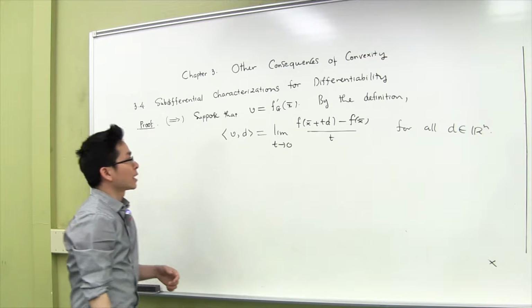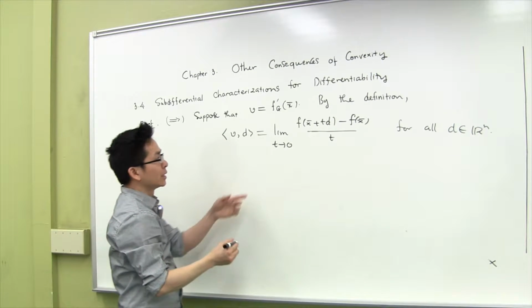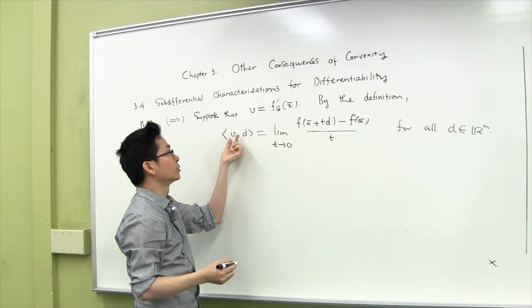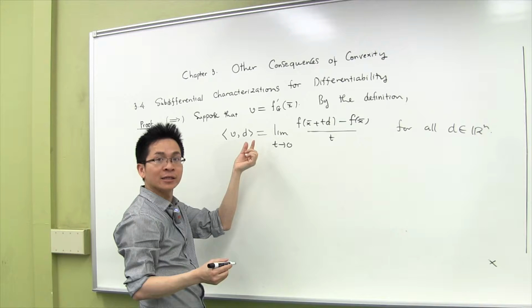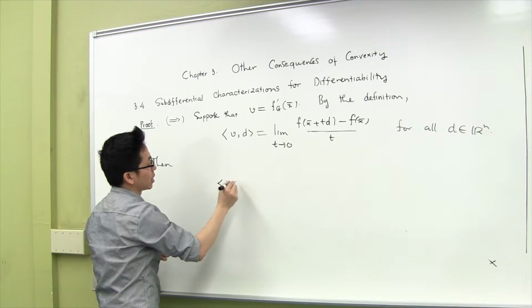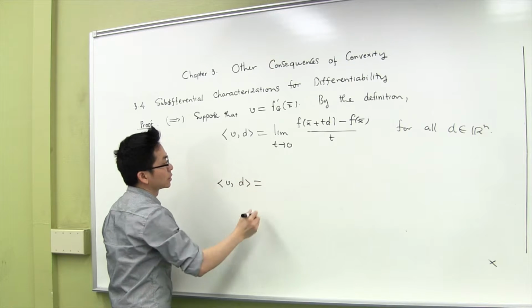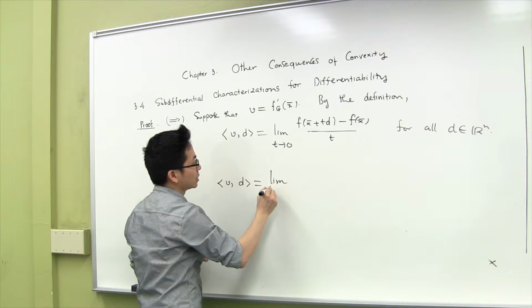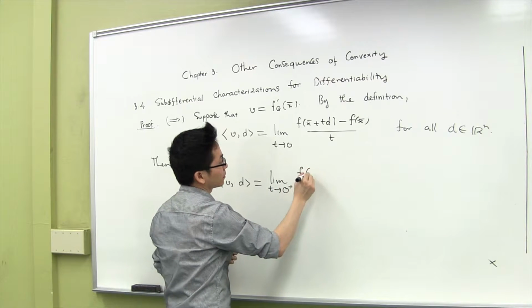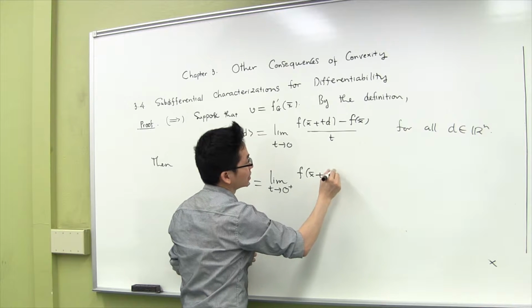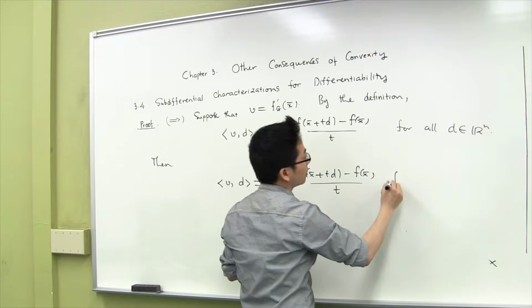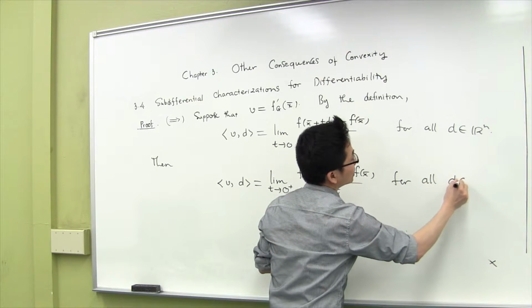Therefore the limit as t approaches 0 from the right is also equal to the inner product of v and d, for all d in Rn.